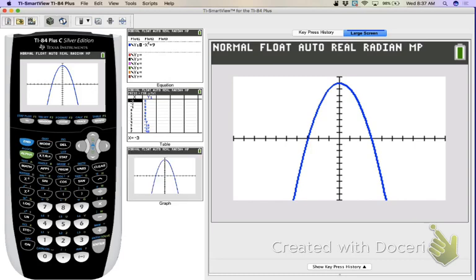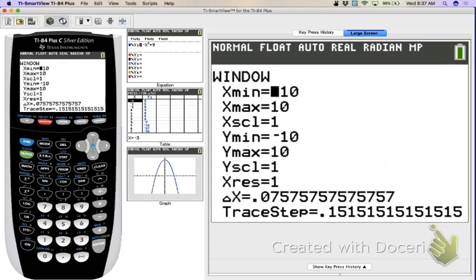What's my low number? What's my high number? What's my low number for my Y and my low number for my X? The easiest way to get to your graphing window is to click the window button, and it's going to tell you everything that you have.